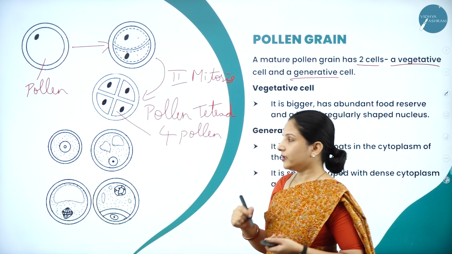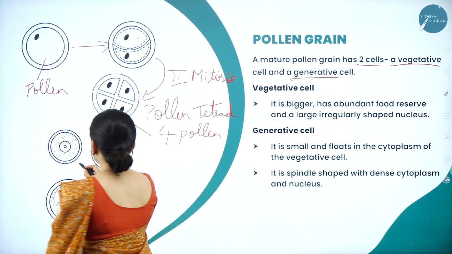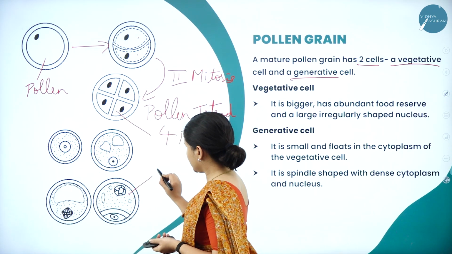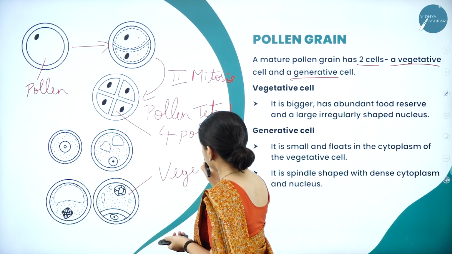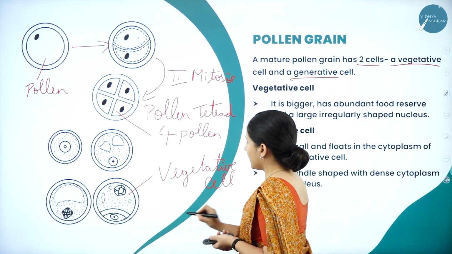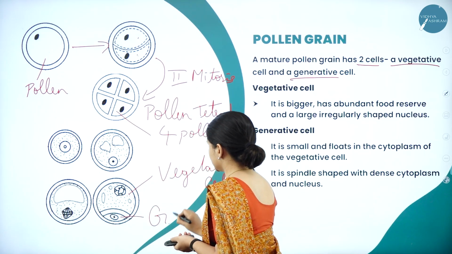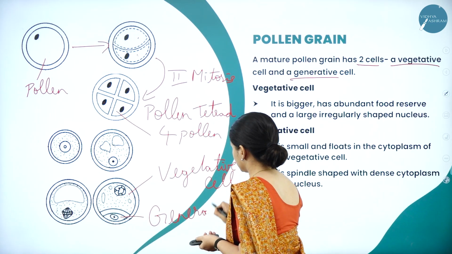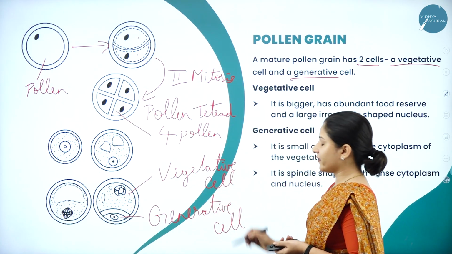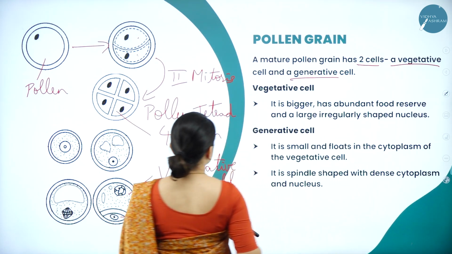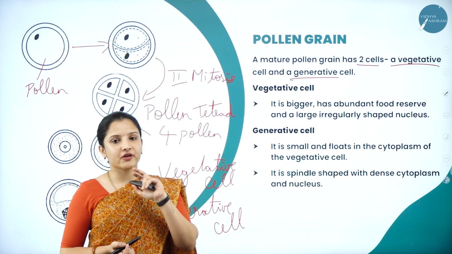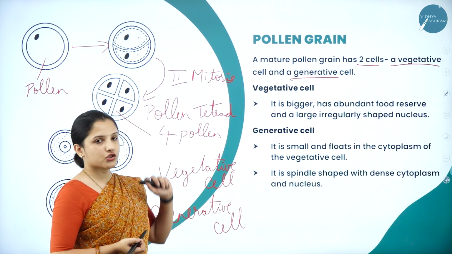So when you observe one pollen grain, you can see inside you have the vegetative cell and the generative cell. So a mature pollen grain is made up of two cells. One is the vegetative cell and the other one is the generative cell.